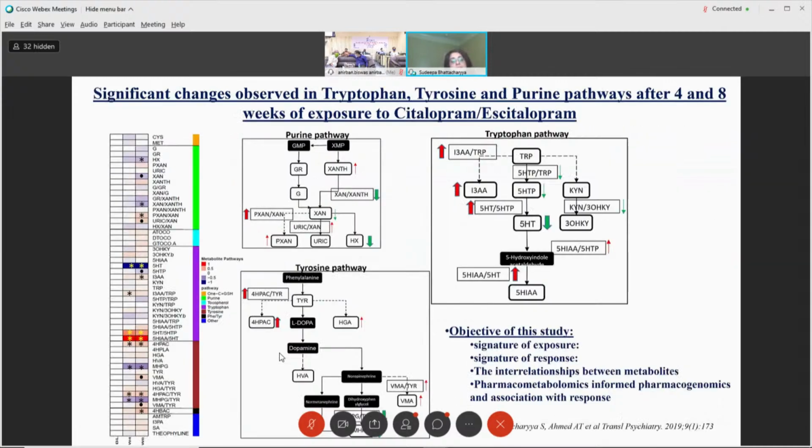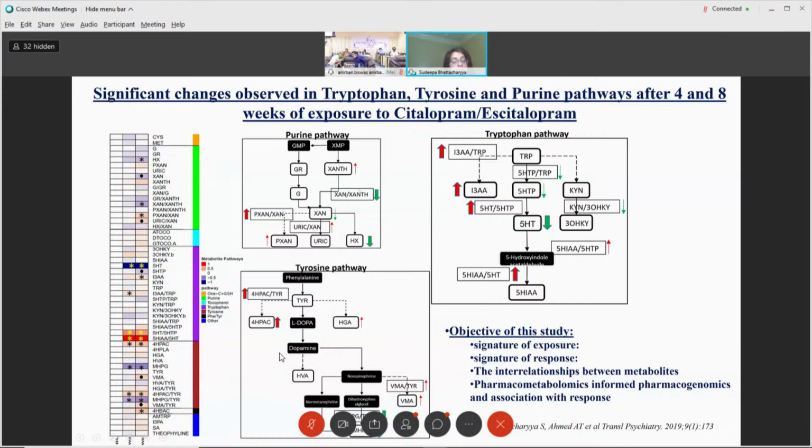Next, we also observed that with the SSRI treatment in these cohorts, there were significant perturbations in the purine pathway, tryptophan pathway, and tyrosine pathway, when we treated these patients with the antidepressant citalopram or escitalopram.